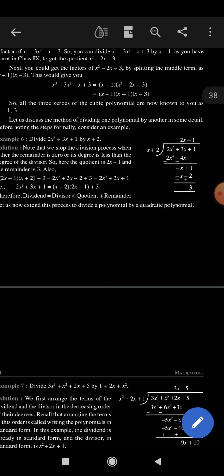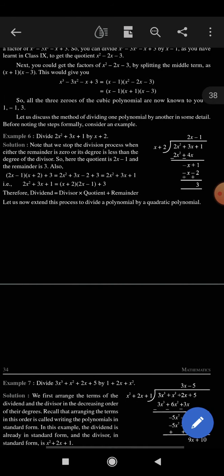Let us discuss the matter of dividing one polynomial by another in some detail. Before that, notice the following, formally considered as an example. Divide 2x square plus 3x plus 1 by x plus 2. Note that we stop the division process when either the remainder is 0 or its degree is less than the degree of the divisor.